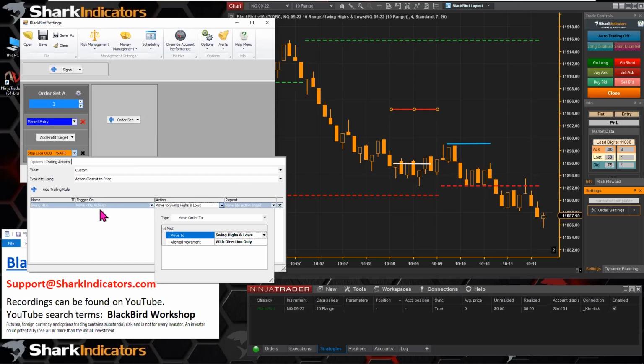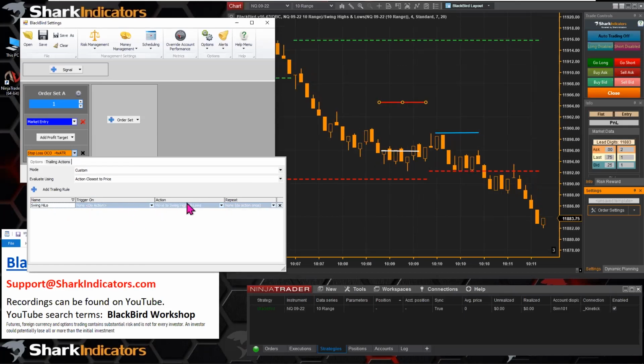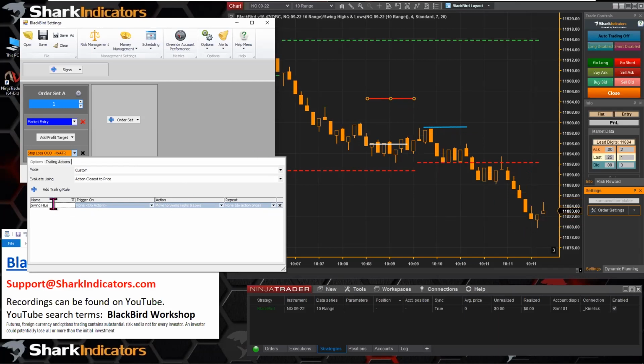So it's evaluating this trailing roll here. It's evaluating it always. And so if the swing high does move down, then at some point, right, the swing high is closer to where the market's trading. And so this trailing roll is going to execute at least once, right?